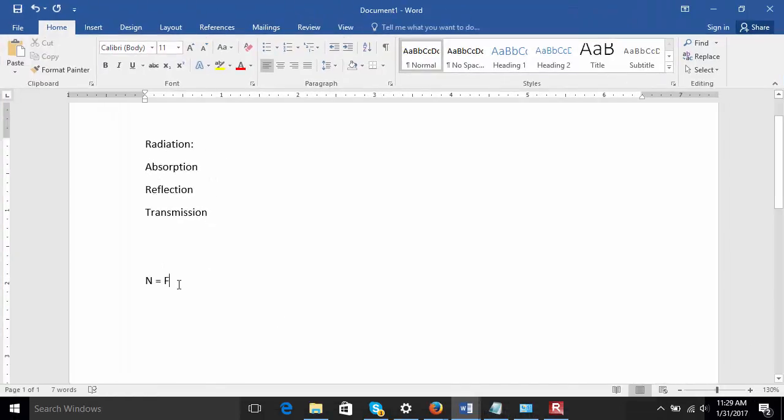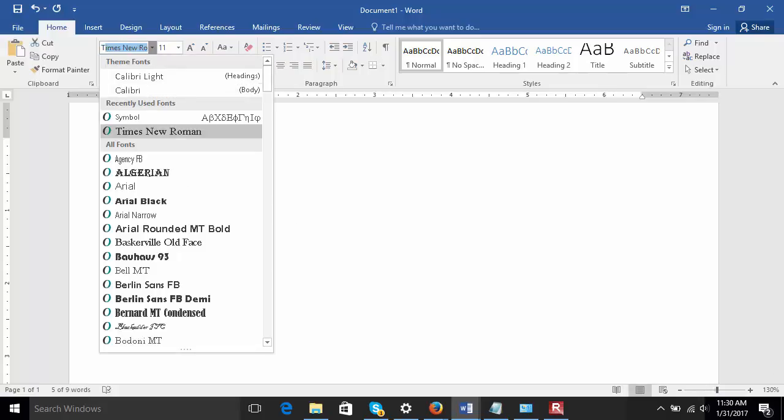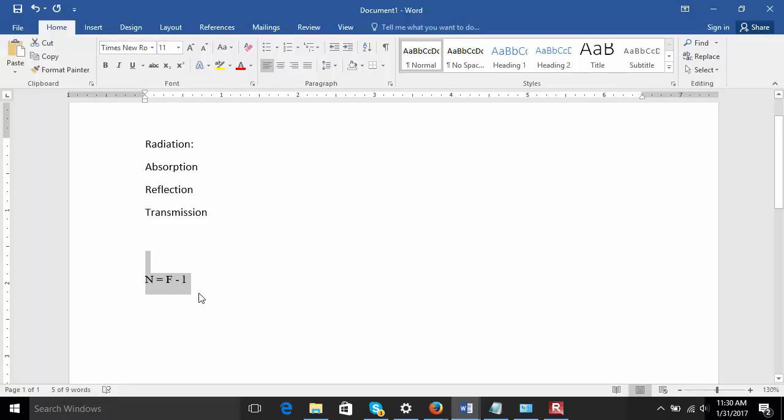Okay, so N equals F minus lambda, and I'm typing this out. In fact, it's usually better to use a serifed font.